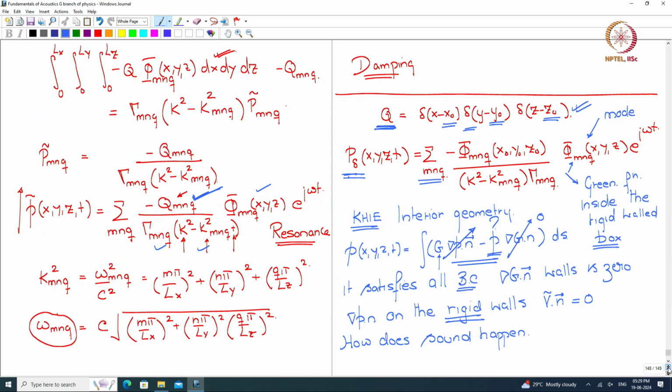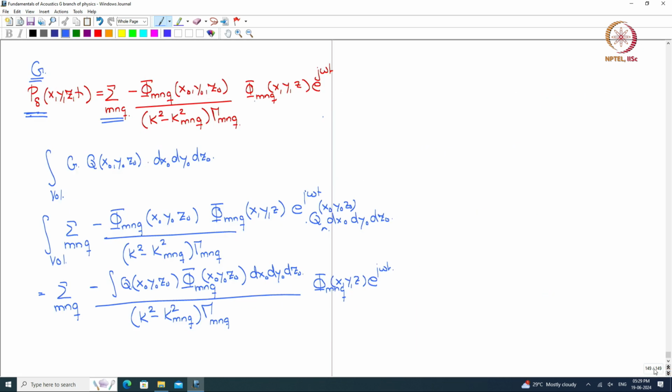Okay. Earlier what did we do? This integral of the q with a mode shape, we gave this number minus q m n q. So here we have the same integral, so this is also q m n q. So what do I get?